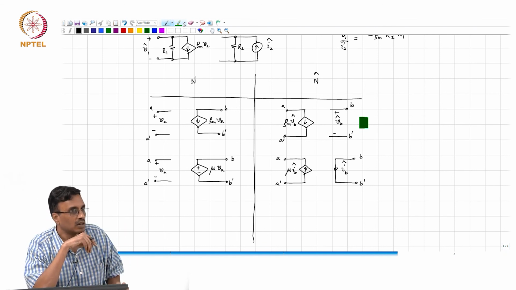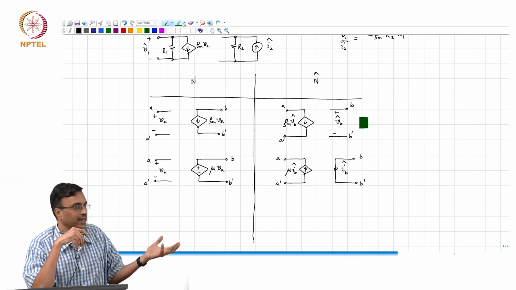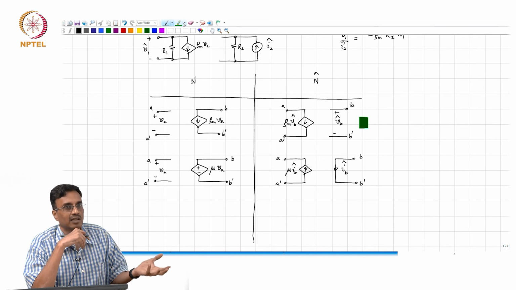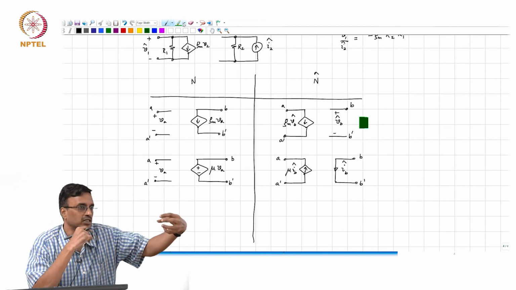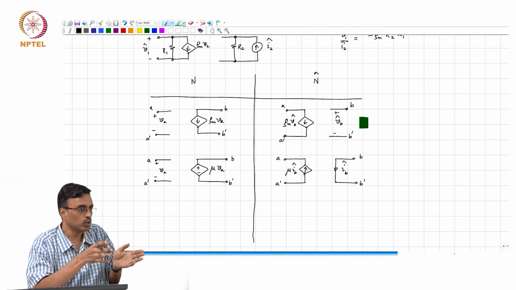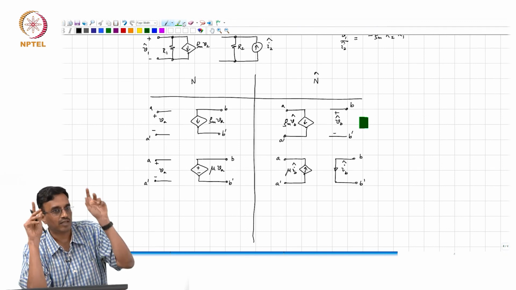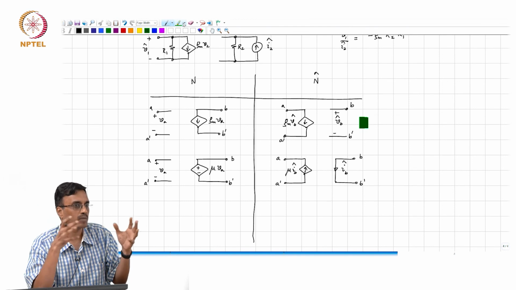Here now what would you do? All that we are going to do, as we will show in the next class, is that we have this original network with control sources. We want to find the transfer functions from multiple sources to one output. What we are going to do is to form this new network, that is still in our heads. It need not be done in practice.